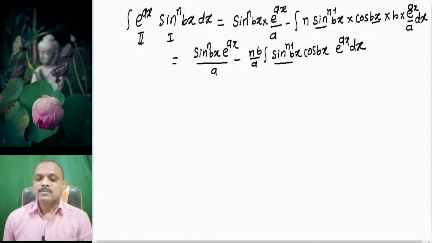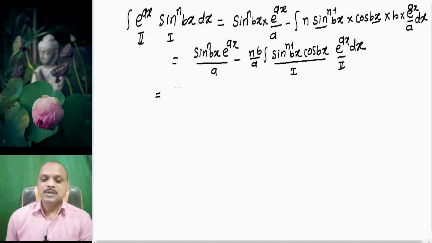Here the combined term sin raised to n minus 1 bx into cos bx, we again take as the first function and e raised to ax as the second function, and again we apply integration by parts.